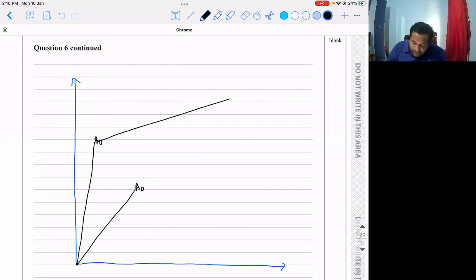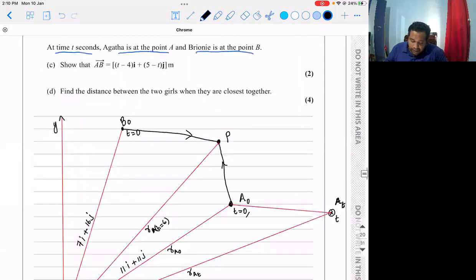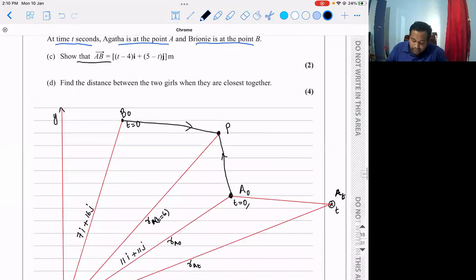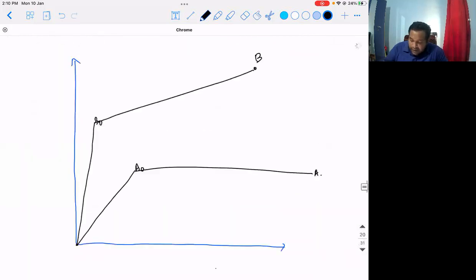Brownian reached somewhere here at time t. Similarly, Agatha reached somewhere here, that is A. So here we need to find, at t seconds, Agatha is at a point A and Brownian is at the point B. Show that vector AB is equal to this.